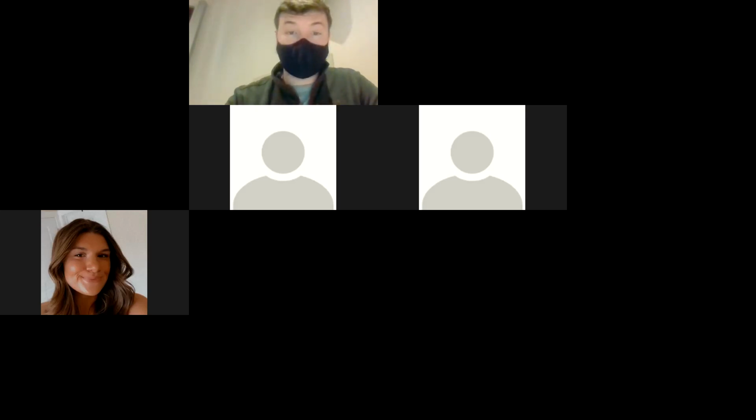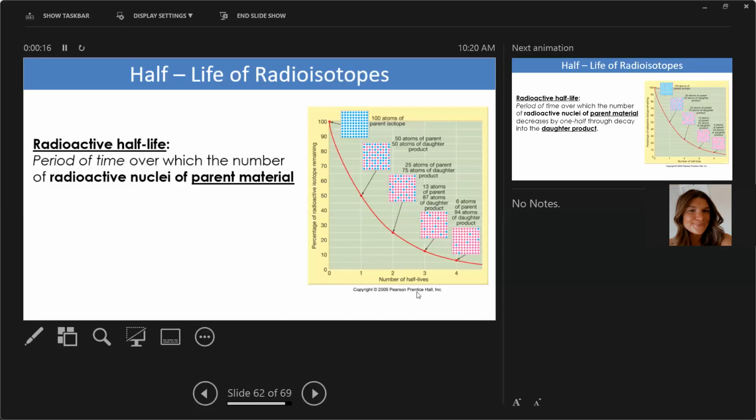Sure. Okay, so different isotopes of different elements, over time, they'll go through radioactive decay.